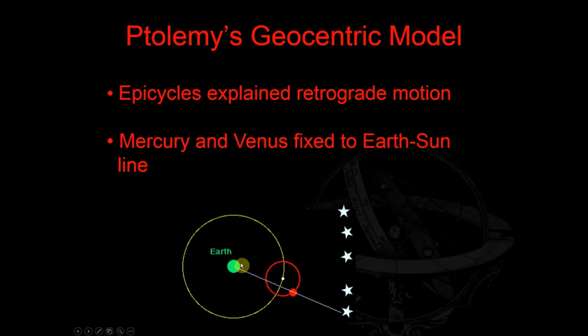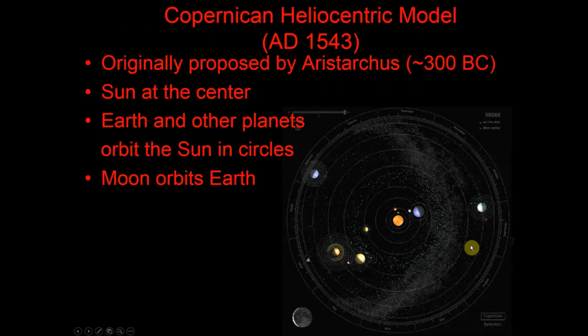It appears to go backwards relative to the Earth. So that explained retrograde motion. Mercury and Venus were fixed to the Earth-Sun line, and that meant the effects were less pronounced than some of the other planets.